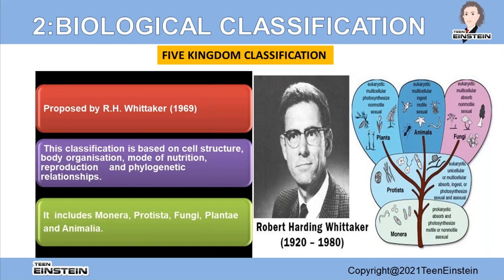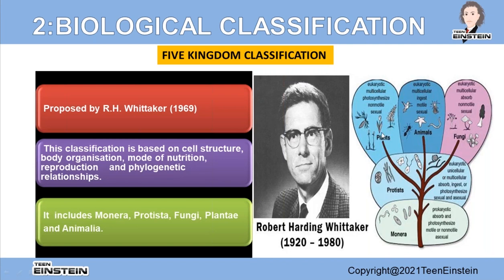He took these characters as the criteria for the classification of organisms. So in 1969, he proposed the five kingdom classification.